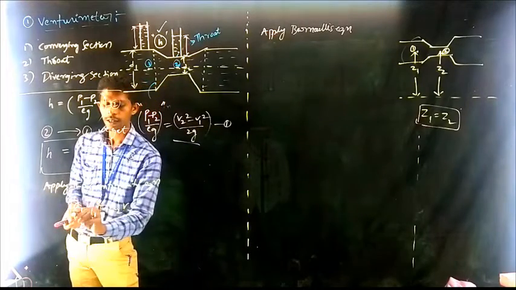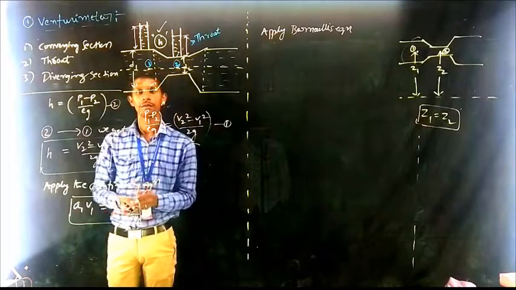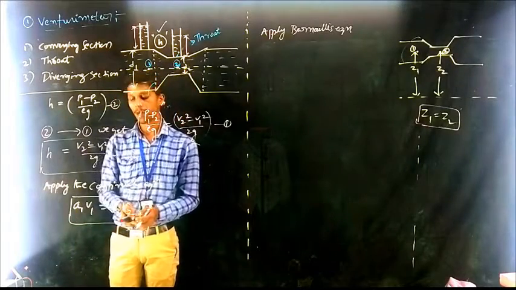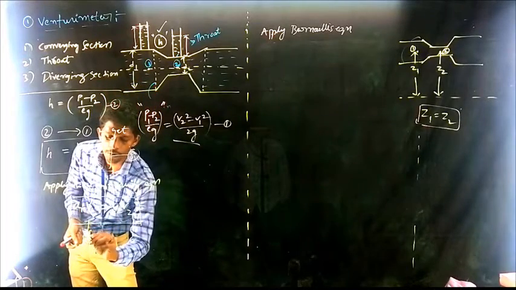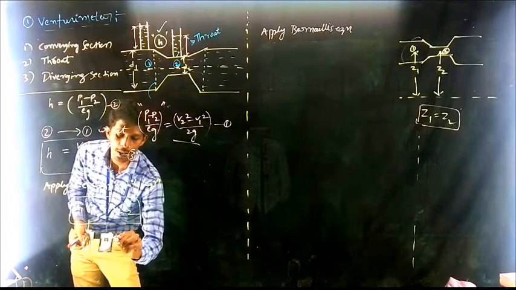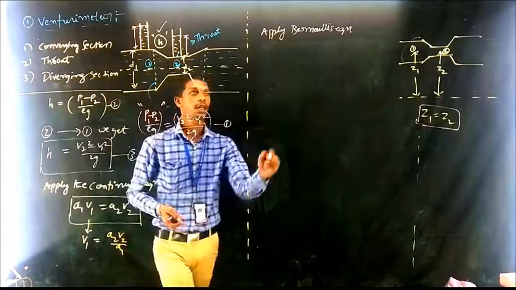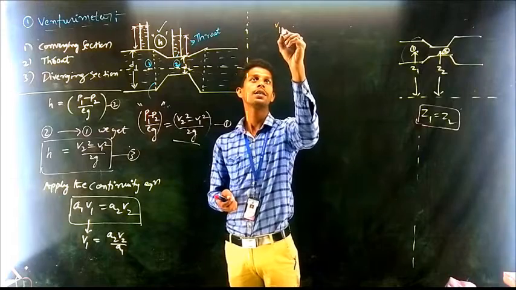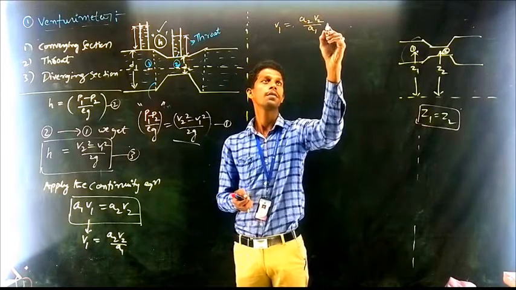This is the continuity equation for this particular pipe section, which we use for measuring the rate of flow. So what is the form for V1? V1 is equal to A2 V2 by A1, right?